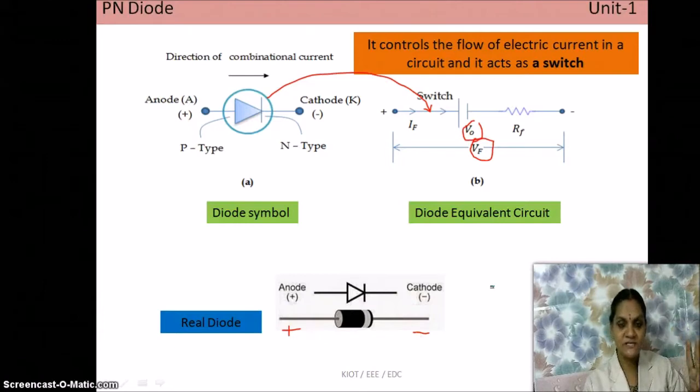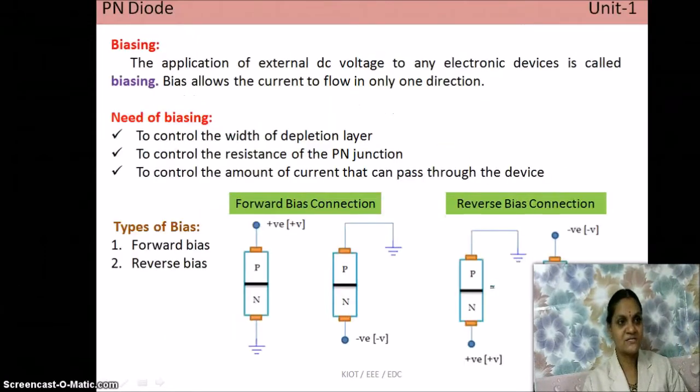So keep two things in mind with respect to the diode. Diode is a two-terminal device. It acts as a switch. Mainly, it is used only in forward biased condition. Under forward biased condition, it acts as a closed switch. Is it right? And the next one is biasing.